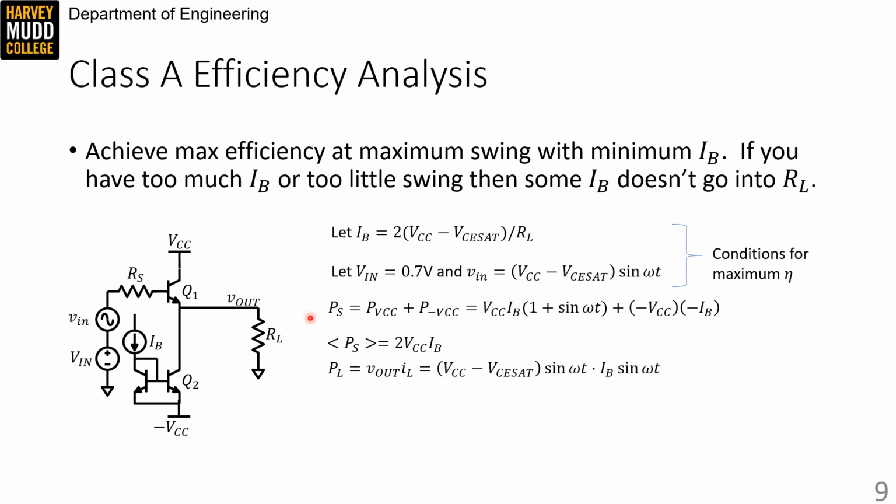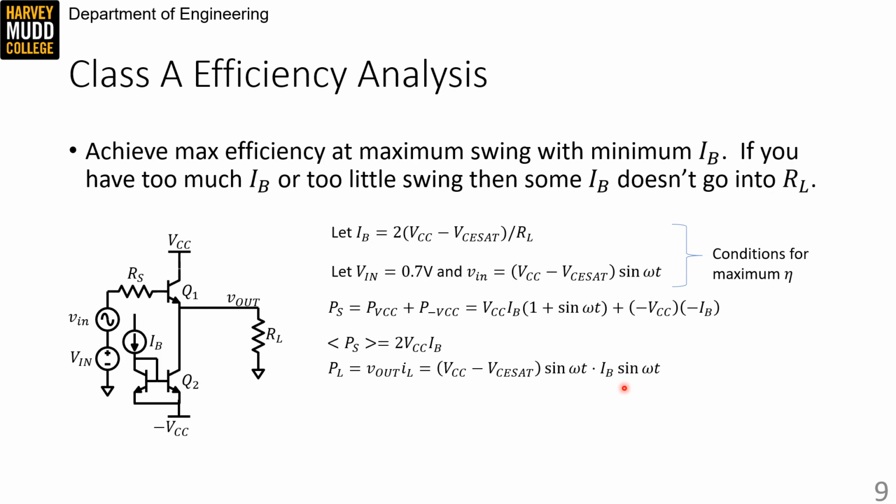The power dissipated in our load is the output voltage times the current in the load. So our output voltage is given by Vin minus 0.7, so just the little Vin signal. And our current in the load is linearly related to that.